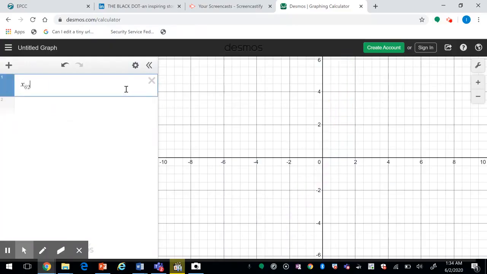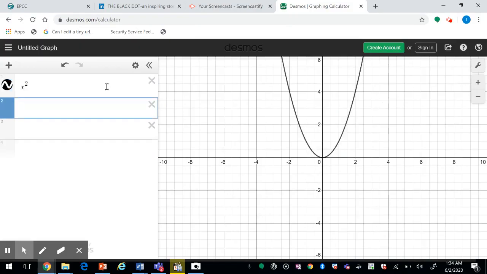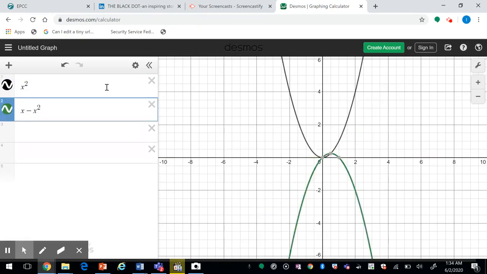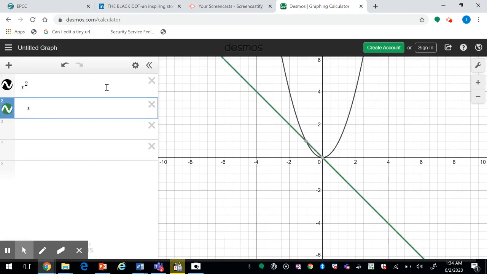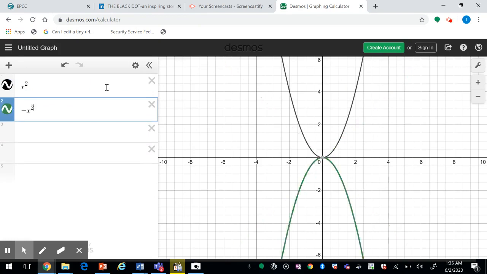So this is the parent function, and this is the second function. So notice that the graph opens downward. So it reflects on the x-axis.